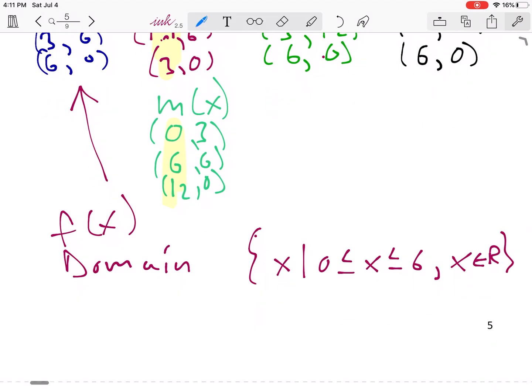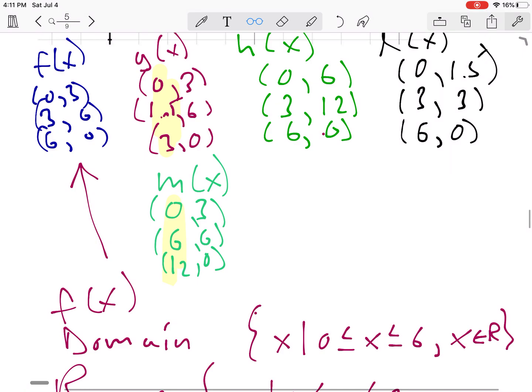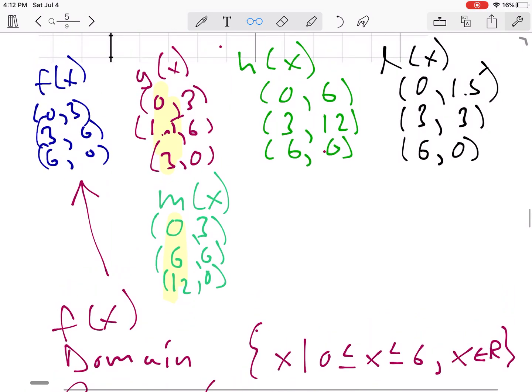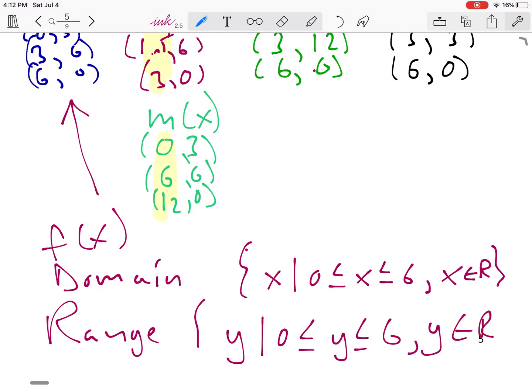And your range here would be the y values, which would be between 0 and less than or equal to 3. Oh, sorry, that would be 6 as well, where y is inclusive of all real numbers.